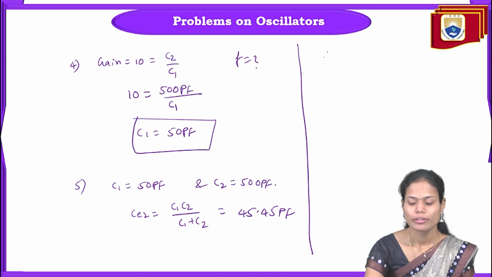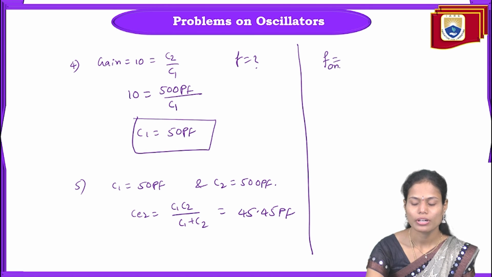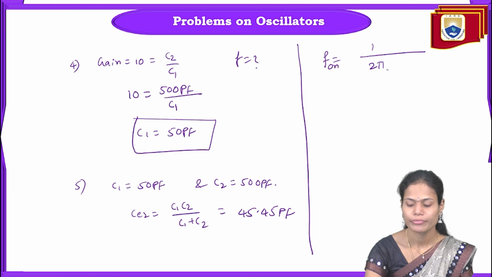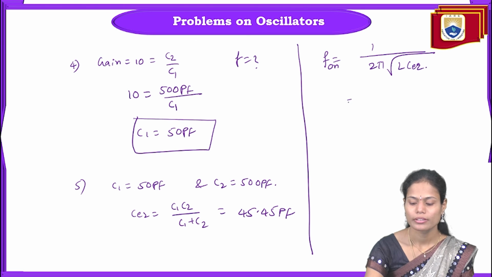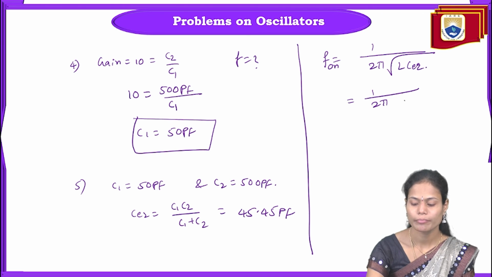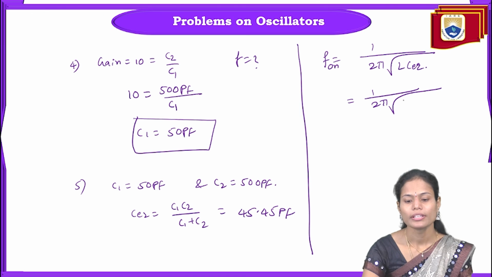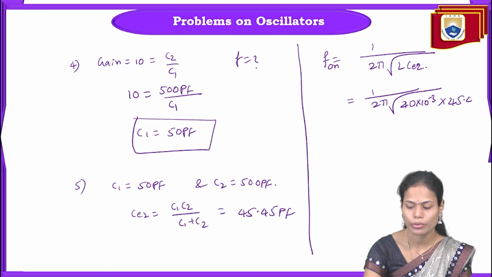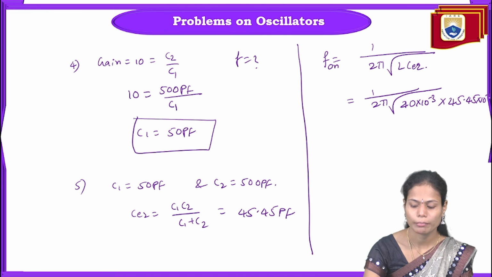The new frequency of oscillation, f0 new, is 1 by 2 pi under root of L C equivalent, that is, 1 by 2 pi under root of 40 millihenries times 45.45 into 10 power minus 12.